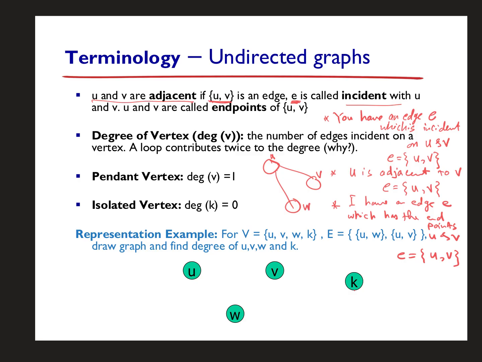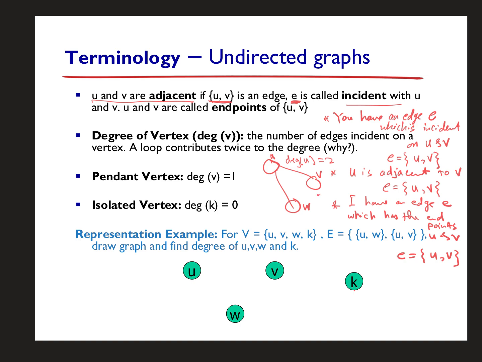The degree of a particular vertex is the number of edges that connect to that vertex, right? So the degree of U is going to be equal to 2.